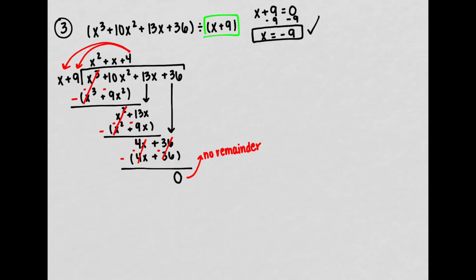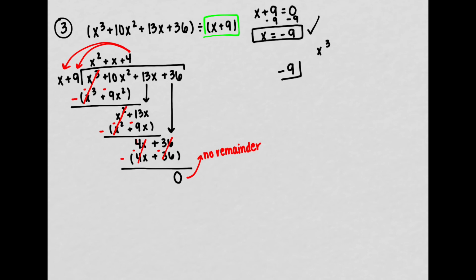So we're going to do the same exact problem but with synthetic division so I can show you that it works out the same. So I earlier found this x equals negative 9. I'm going to take that number, negative 9, and it's going to go over here in this little house by itself. Now, when I look over at my problem, my highest degree is x cubed.